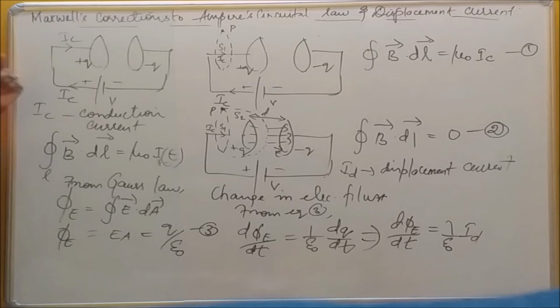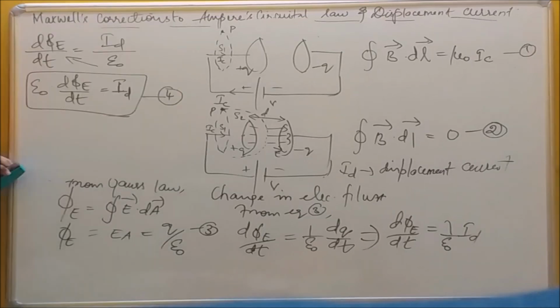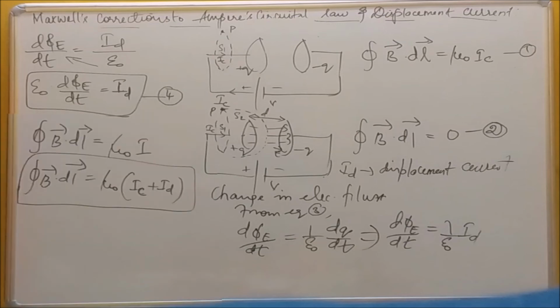By cross multiplication, epsilon naught into d phi E by dt equals ID. This is the equation for displacement current.